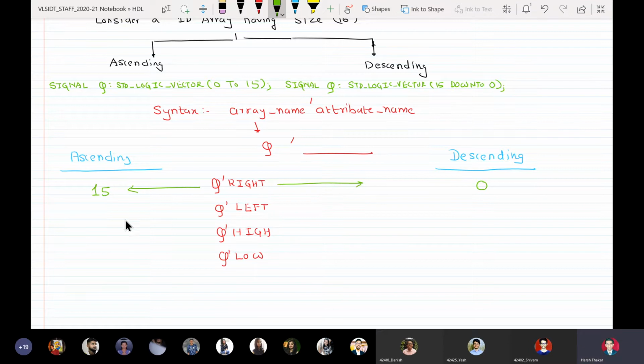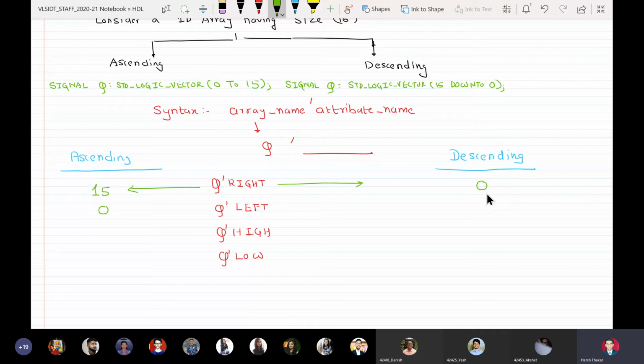Q tick left on an ascending array 0 to 15 returns 0.